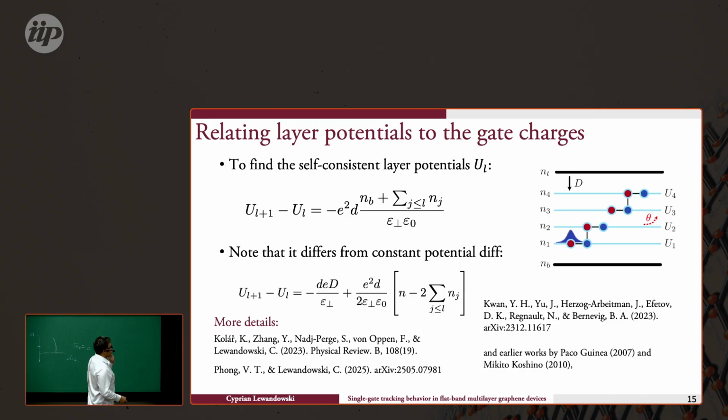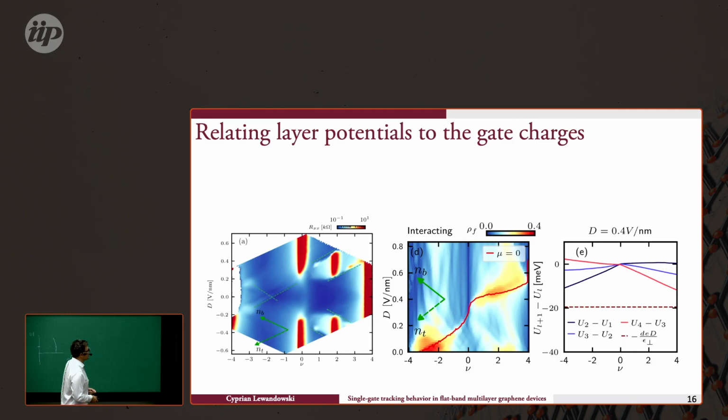Okay, so now if I solve this problem self-consistently, and for now let me just focus on the electrostatic Hartree physics between the layers, because that's the one that I can tell also something analytically.